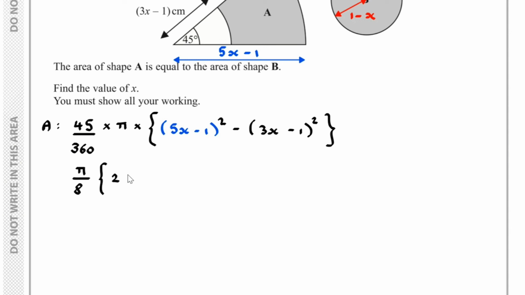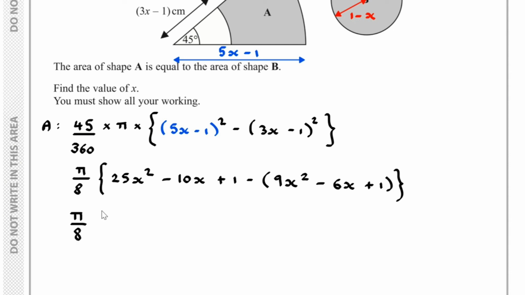That's the same as 25x squared minus 10x plus 1, and then I subtract 3x minus 1 all squared, which is the same as 9x squared minus 6x plus 1. So I'm left with pi over 8 multiplied by, well, here 25 minus 9 is 16, so I've got 16x squared.